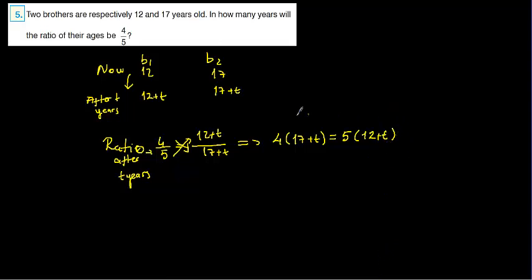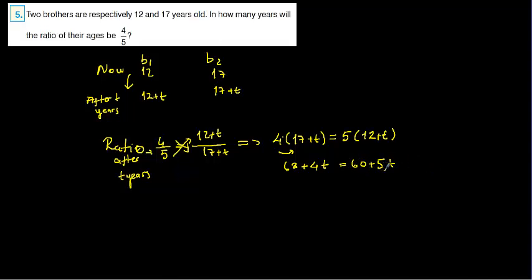Here, firstly, we multiply 5 by 12 plus t and 4 by 17 plus t, with 17 plus t and 12 plus t written in parentheses. 4 times 17 is 68. 4 times t is 4t. 5 times 12 is 60. 5 times t is 5t.